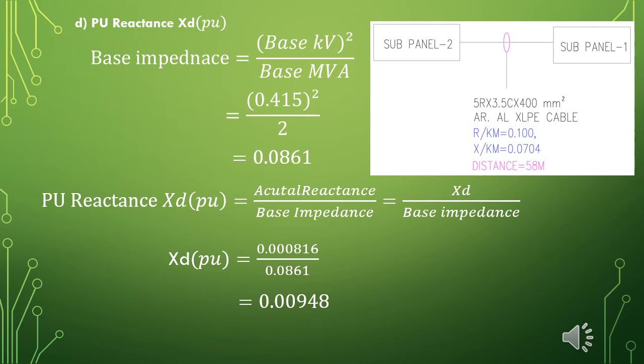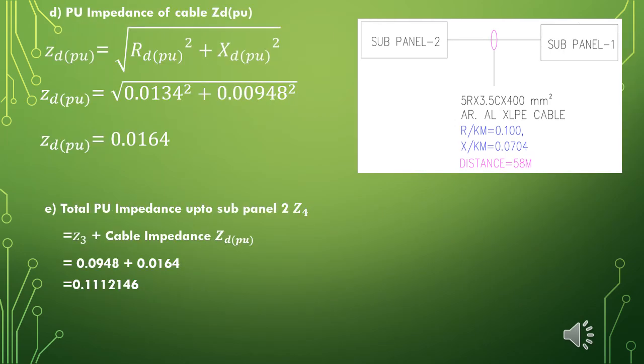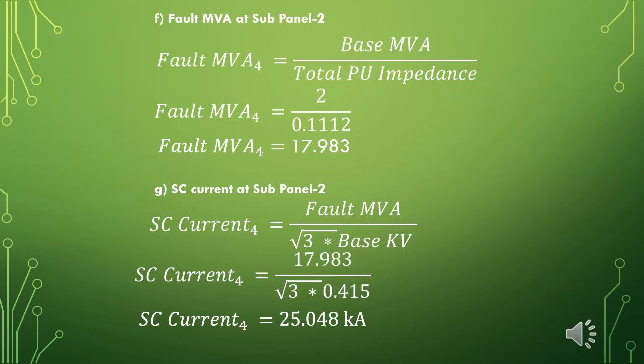Then calculate per unit reactance. After calculating the actual resistance and reactance, you can determine the impedance of the cable between sub-panel 1 and sub-panel 2. The total impedance Z4 at sub-panel 2 can be calculated as the addition of Z3 and the impedance of the cable. Calculate fault MVA and short circuit current at sub-panel 2.